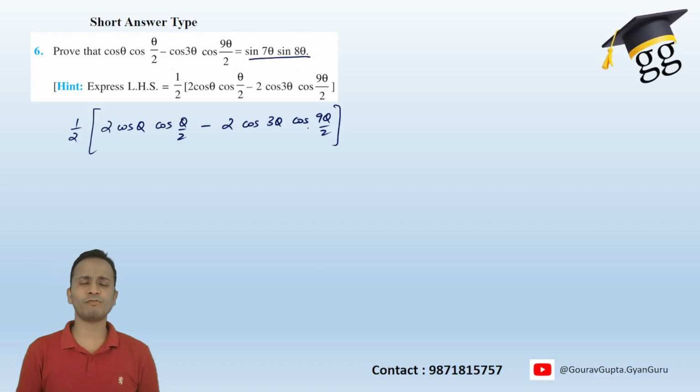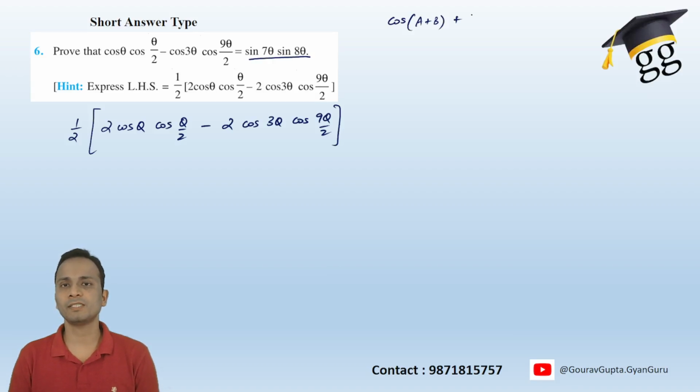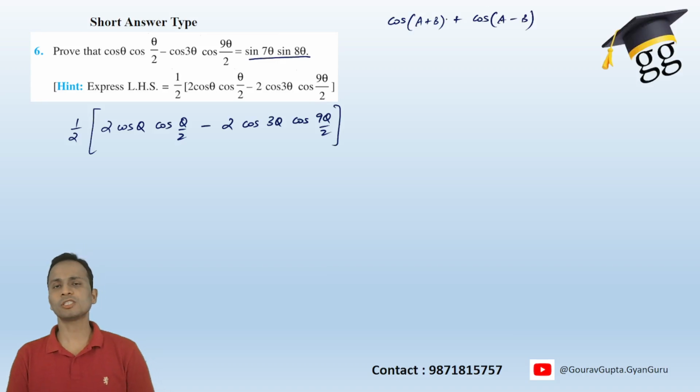Because we have a formula for 2 cos A cos B. Now, what is the formula for 2 cos A cos B? So cos(A plus B) plus cos(A minus B) is equal to 2 cos A cos B.